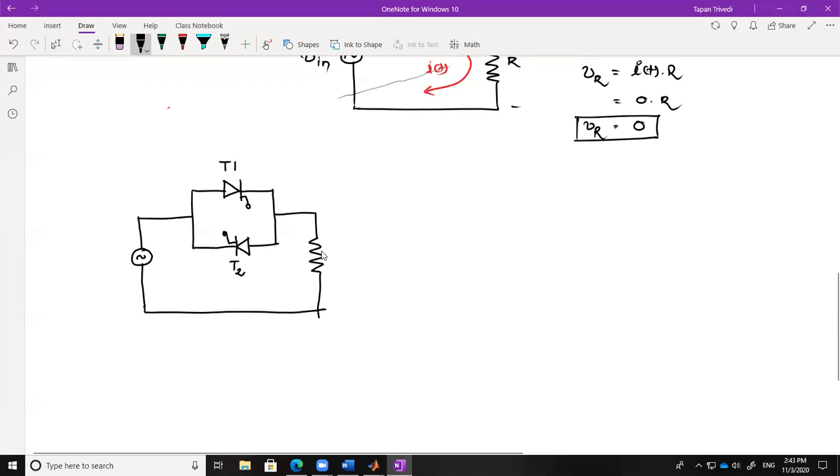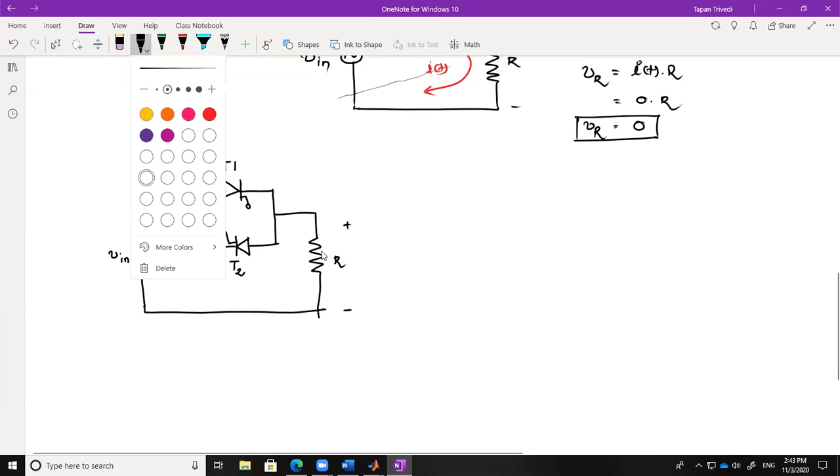Okay. Now what I will do, I will trigger the SCR T1 during the positive half cycle. This is V in. I will trigger T1 for the positive half cycle and trigger T2 for the negative half cycle. So the scenario will look like this.